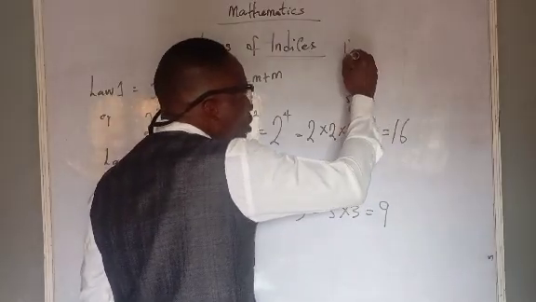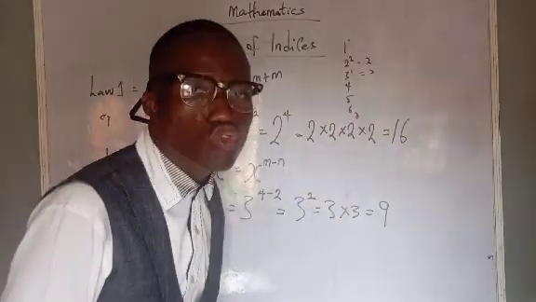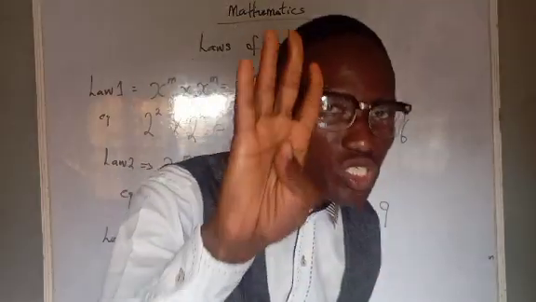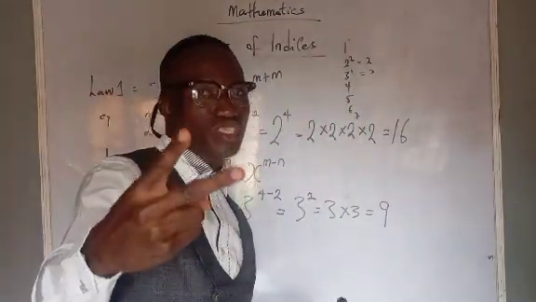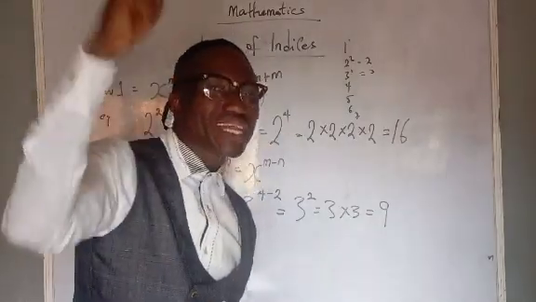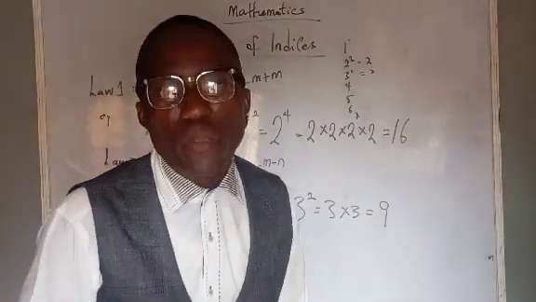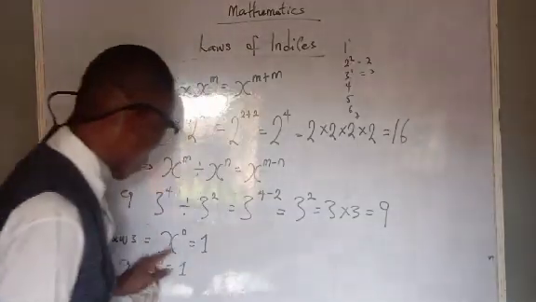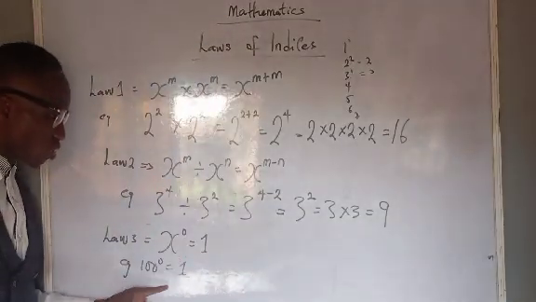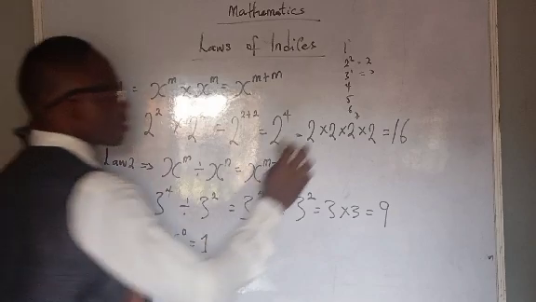Or else, this now becomes 2. 2 raised to the power of 2 is what? 2 times 2, which is 4. 3 raised to the power of 2, which is what? 3 times 3, which is what? 9. But whenever any number is raised to the power of 0, it becomes what? 1. Take note. Law 3. Anything raised to the power of 0 is what? Is 1. Okay.